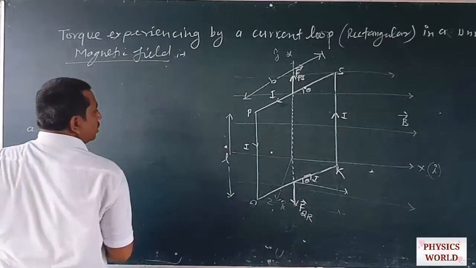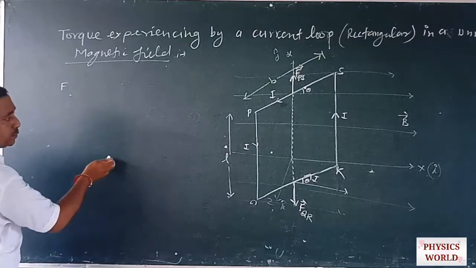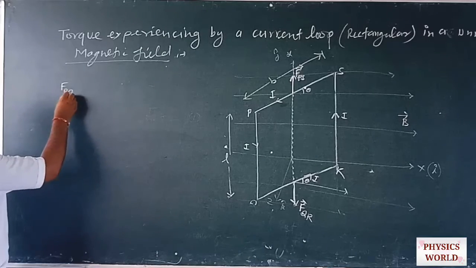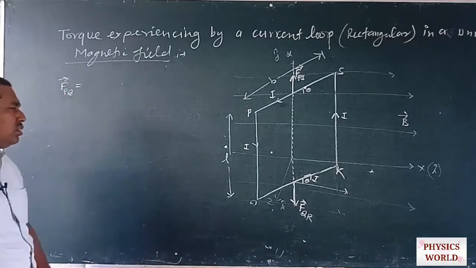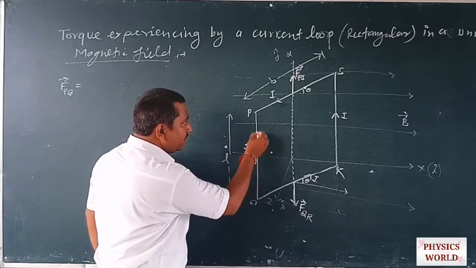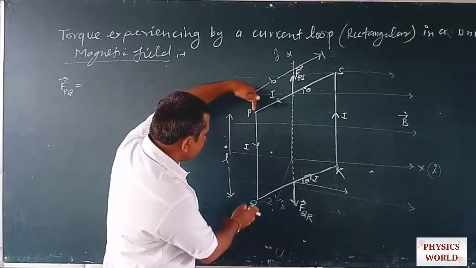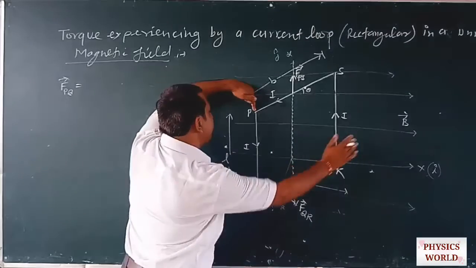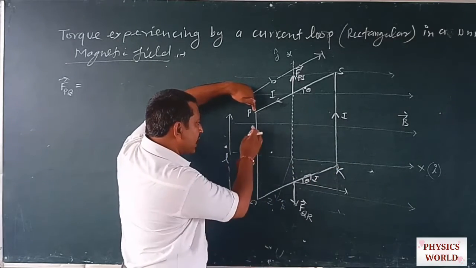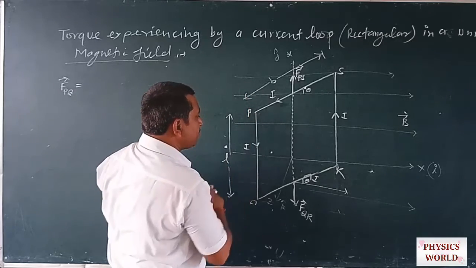If you want to calculate the value of the force experienced by the part PQ, we see that the current flowing through the coil wire is I, and the length of this conductor placed in the uniform magnetic field is L.